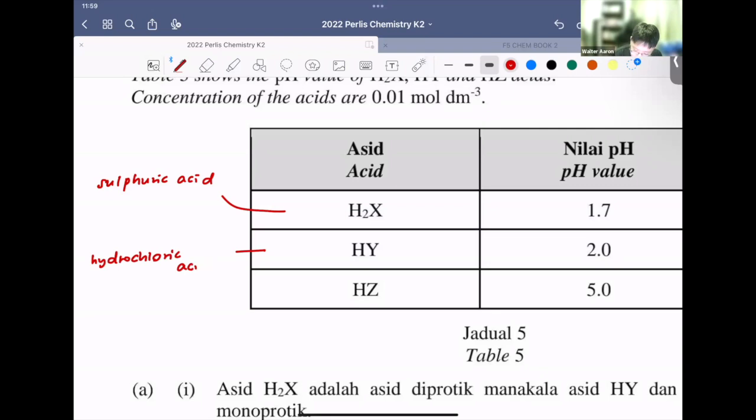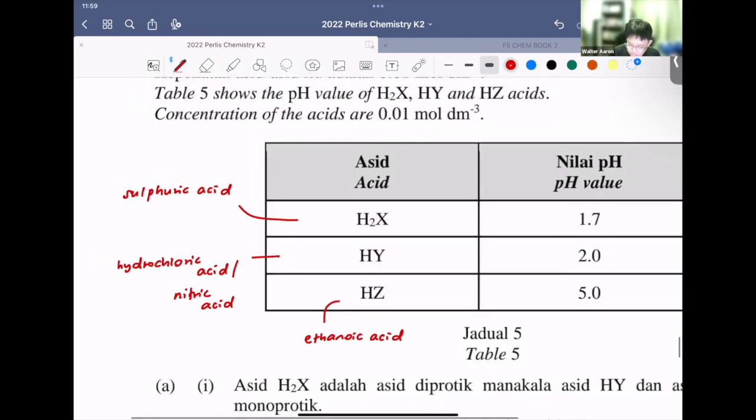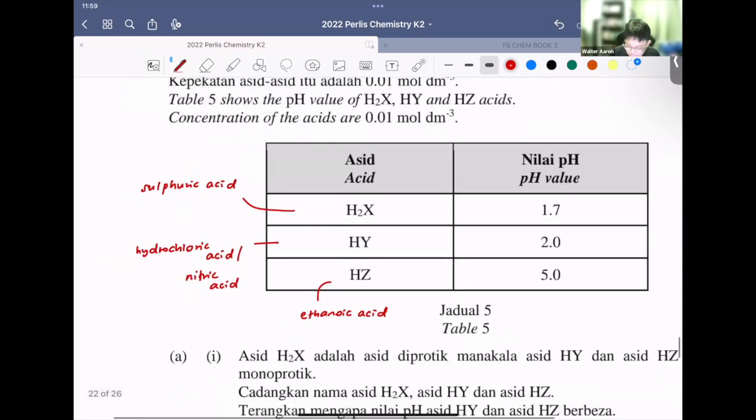Or you can also choose another one, which is nitric acid, because both of these are monoprotic acids, but they are strong. So you choose either one of those. And then HZ is a weak acid and also monoprotic, so I think we can choose ethanoic acid over here. That's the most common one that we use. With these 3 suggestions, I think you get 3 marks already.